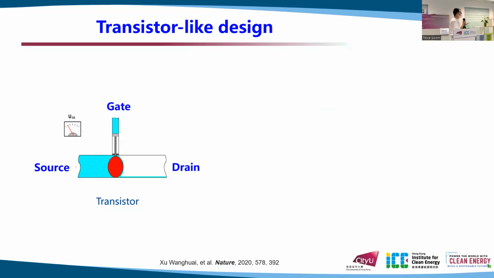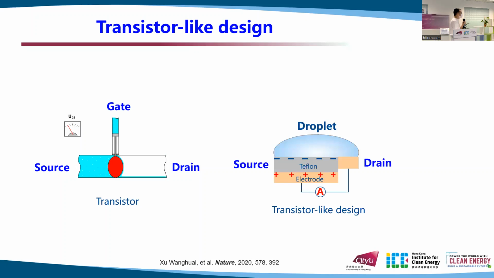A similar problem arose in the semiconductor field 60 years ago. The invention of the transistor gives a solution. The transistor is composed of a source, a drain and a gate. Inspired by this, we designed a transistor-like generator that can be used to harvest water energy.